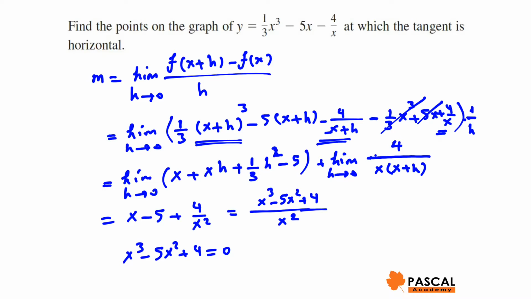To solve this equation, we have to factor. If we split negative 5x^2 into negative 4x^2 and negative x^2, we'll see this polynomial can be broken down to (x^2 minus 4) times (x^2 minus 1).